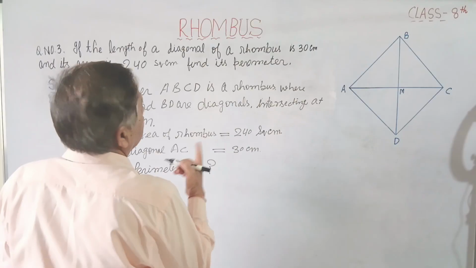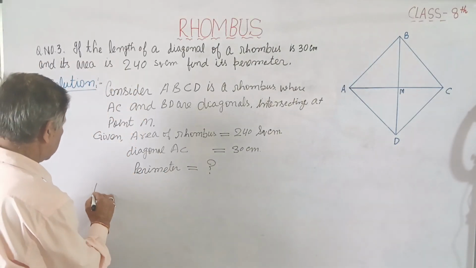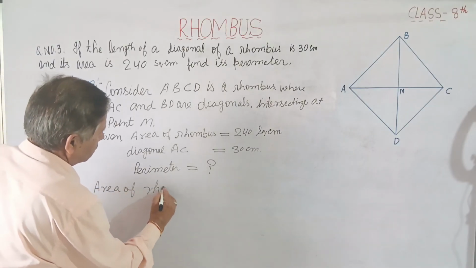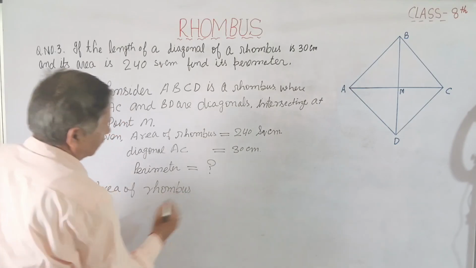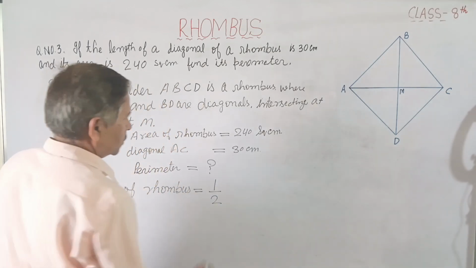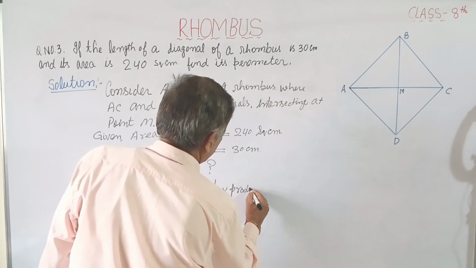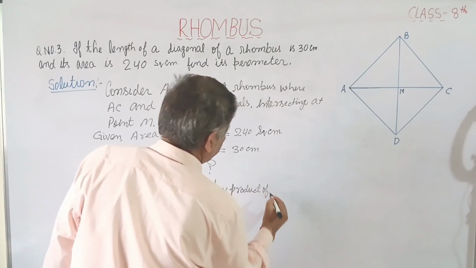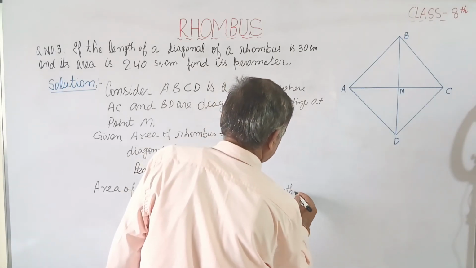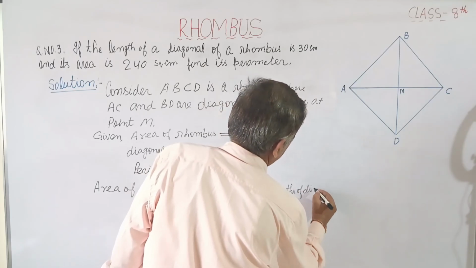Now using area of rhombus formula, that is area of rhombus equals 1 by 2 into product of length of diagonals.